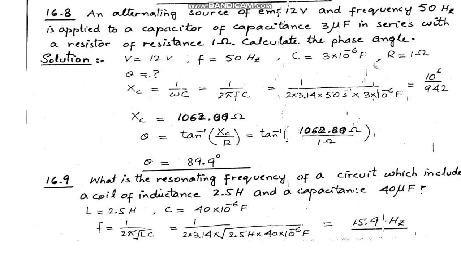The formula of resonating frequency F is equal to 1 over 2 pi under root LC. Put the values in here: 1 over 2 multiply 3.14 multiply under root 2.5 multiply 40 multiplied 10 to the power negative 6. After solving by using the calculator, we get the frequency F is equal to 15.9 Hertz.